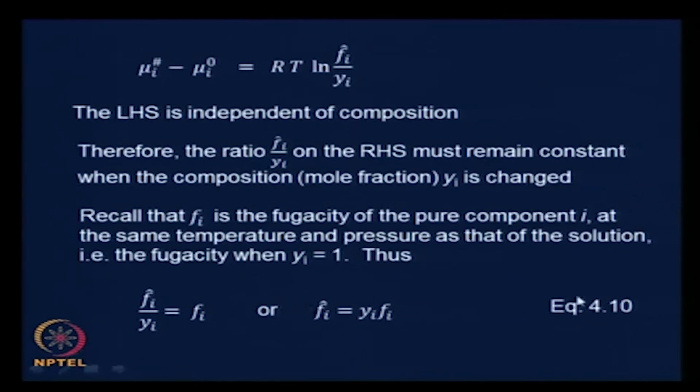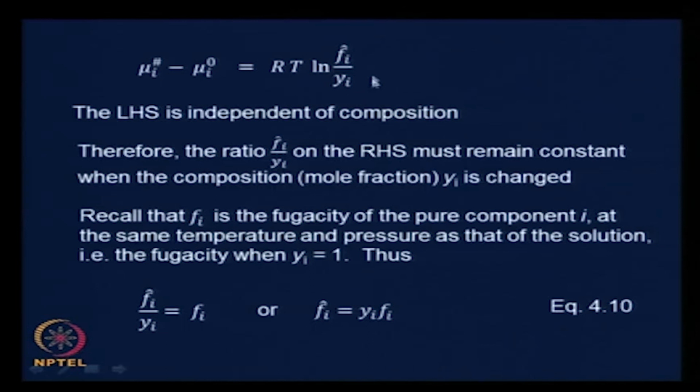This is something powerful, and before I go forward, let me go through this argument once again, because we will be using this argument a few times. We have a quantity here on the left hand side which is independent of composition. Therefore, the right hand side must also be independent of composition. The only term that changes with composition is this.